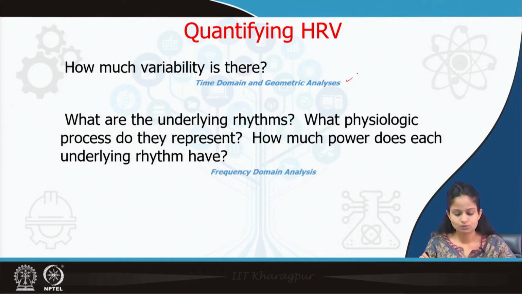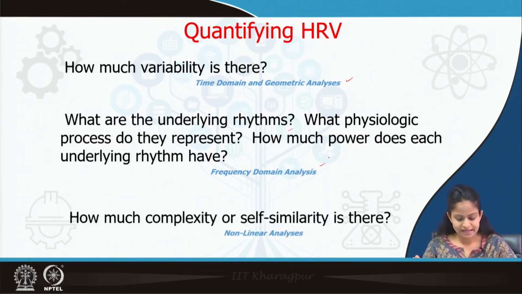If we want to see what underlying rhythms are present and how much power each underlying rhythm has, we use frequency domain analysis, that means power spectral density analysis. Then, to see how complex the rhythm is, or how much complexity or self similarity is there, we use non-linear analysis. So, these are the various types of analysis used to quantify heart rate variability.